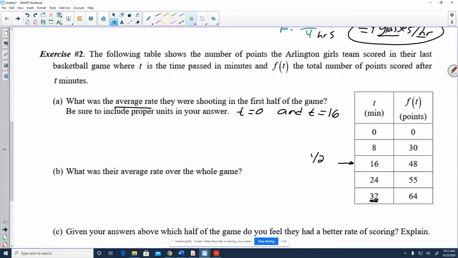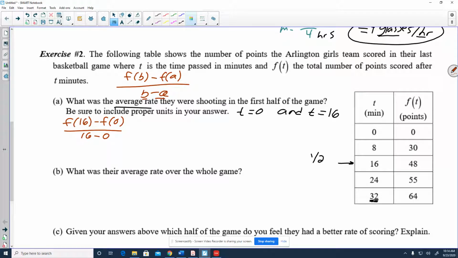So we need to find the average rate between t equals 0 and t equals 16. We're going to use the same formula: f of 16 minus f of 0 over 16 minus 0. Again, our slope formula is f of b minus f of a over b minus a. On the bottom, we just have our inputs, 16 minus 0.